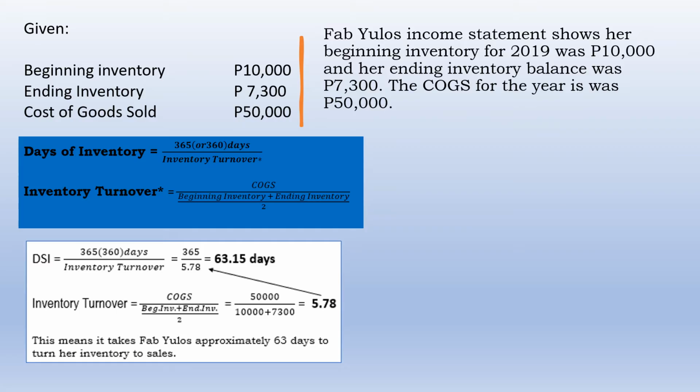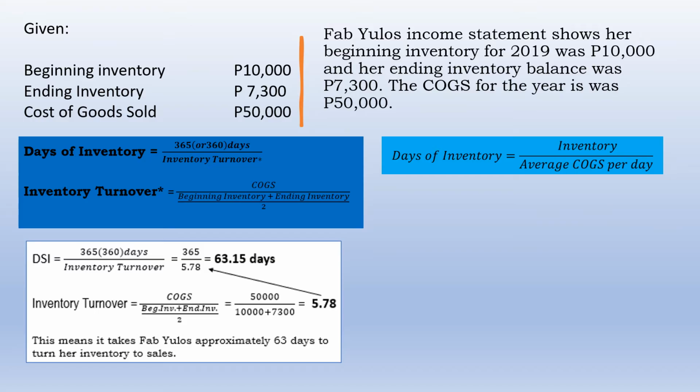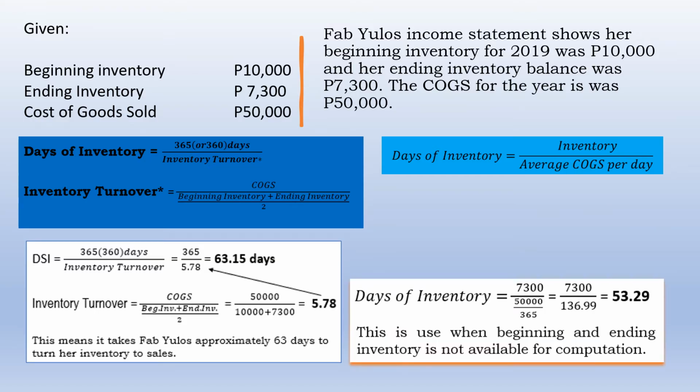Now let us compute using the other formula where we don't need to compute the inventory turnover. Days of inventory is equal to inventory divided by average cost of goods sold per day. That will be days of inventory is equal to 7,300 divided by 50,000 over 365, since we need to compute how much is the cost of goods sold per day.